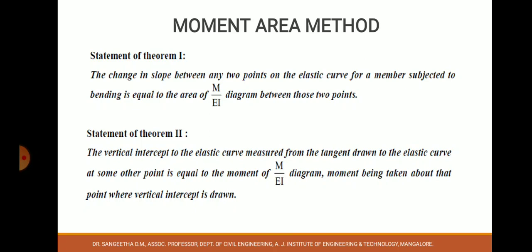The second theorem states that the vertical intercept to the elastic curve, measured from the tangent drawn to the elastic curve at some other point, is equal to the moment of the M by EI diagram, the moment being taken about the point where the vertical intercept is drawn.